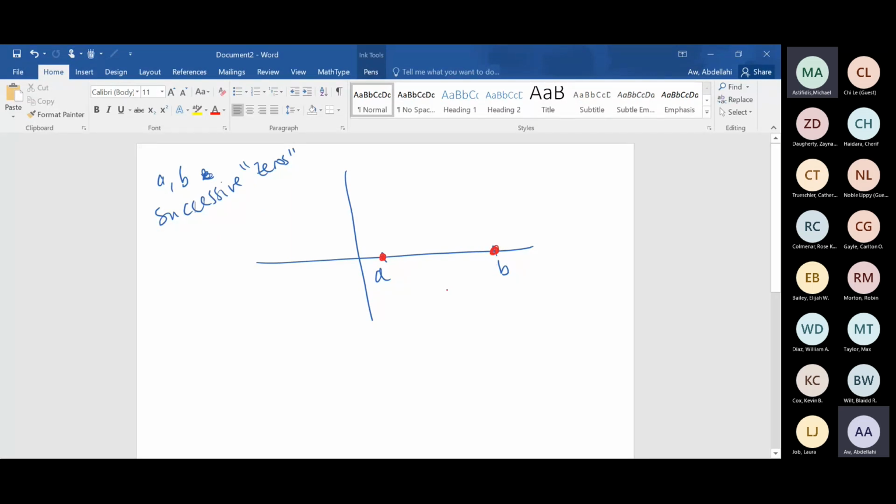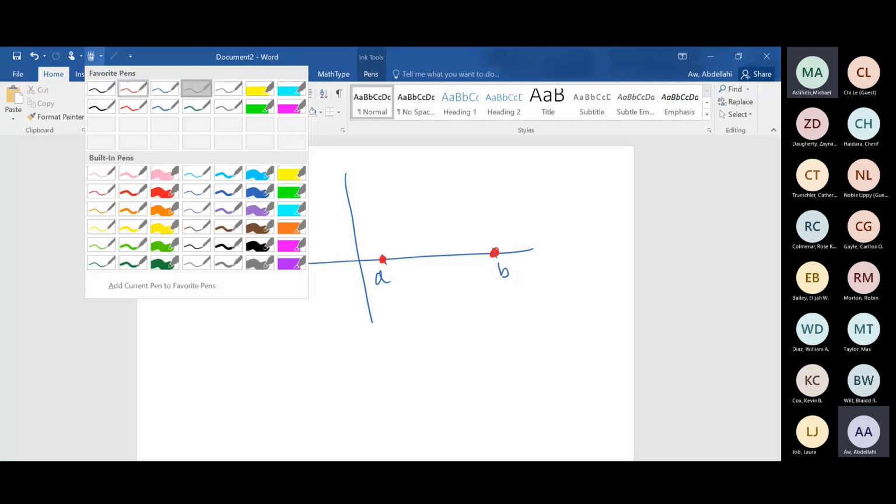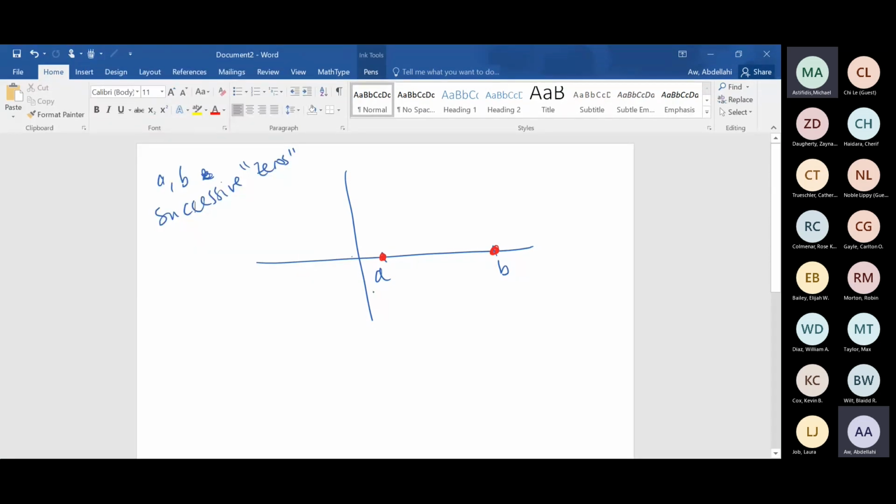We said last time the graph cannot be like that. And we asked why the graph cannot be like that. Do you recall what we said?